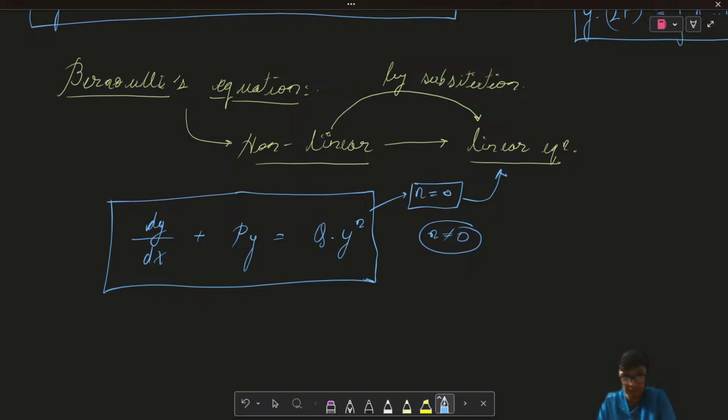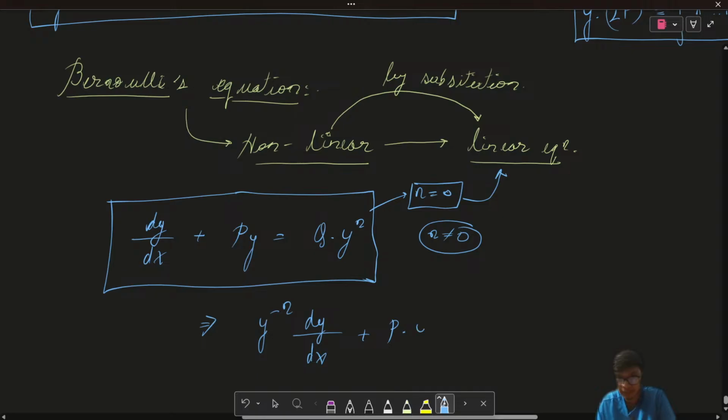right? So what if I take y to the power n common, then it will be y to the power minus n into dy upon dx plus p into y to the power 1 minus n is equals to q, right?